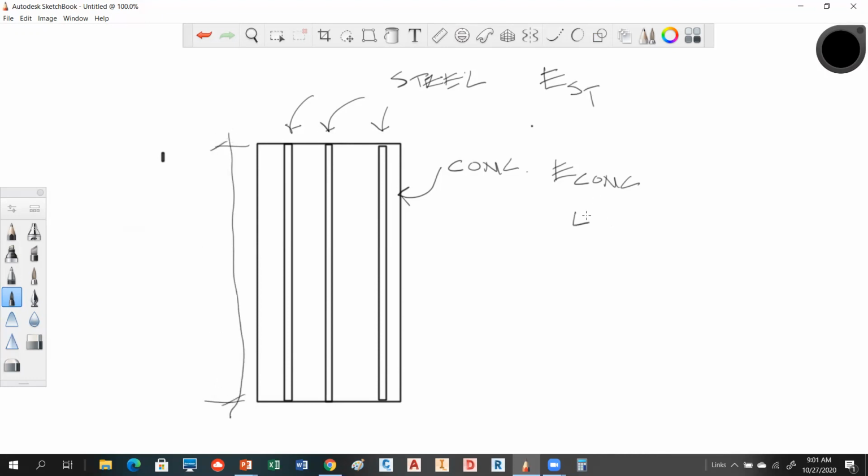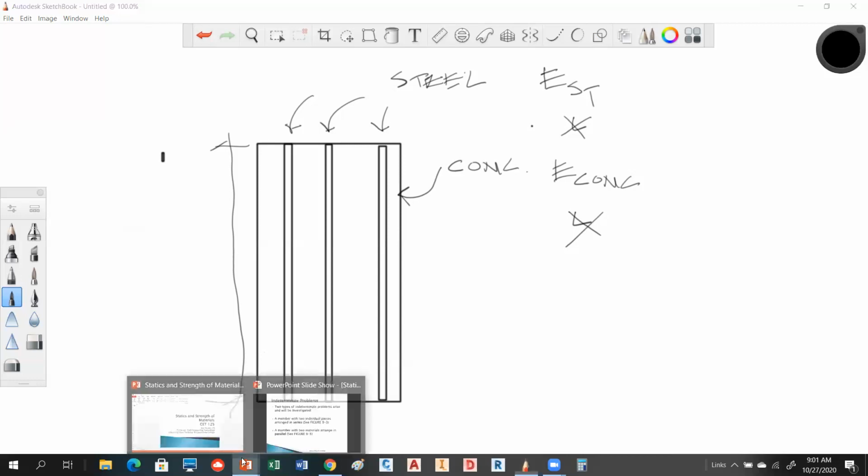So the L for steel and the L, the length, for concrete will be the same. So these are going to cancel out in these problems. That's going to be one thing that'll be different. So we're going to look at ways of solving the parallel and the series. We're going to take a look at series first. So let's go back here.